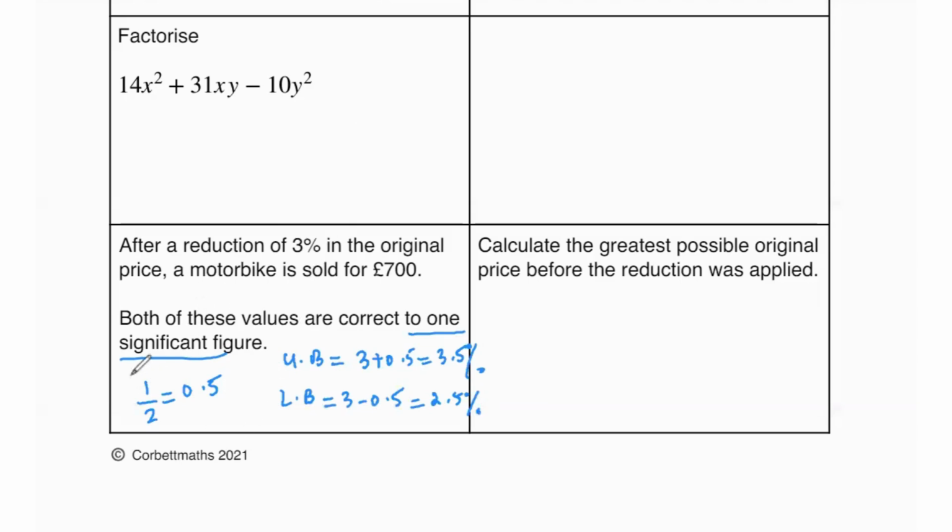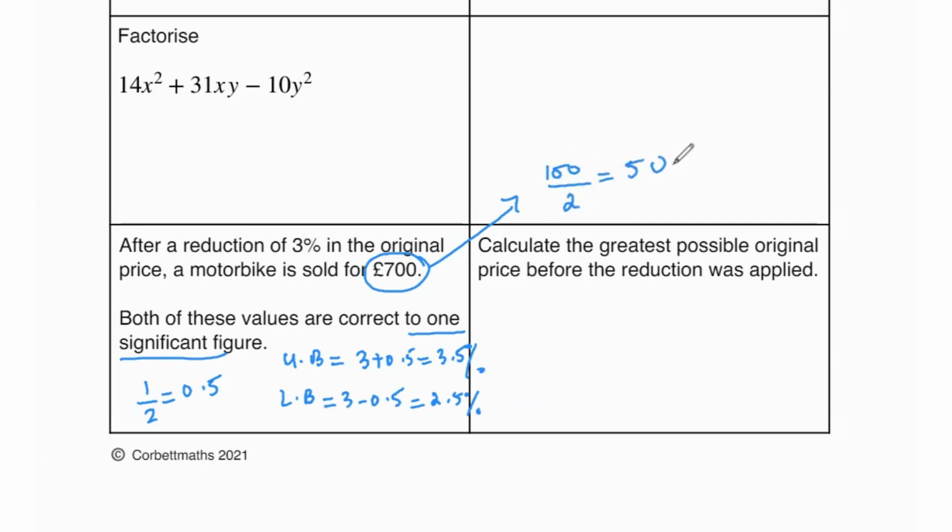Always remember you begin with dividing the degree of accuracy by 2, and then you add or subtract that value from the original value to get the upper bound and the lower bound. Since our degree of accuracy is correct to one significant figure, for the percentage, we do 1 divided by 2. And for the price of the motorbike, we will do 100 divided by 2, which is 50.